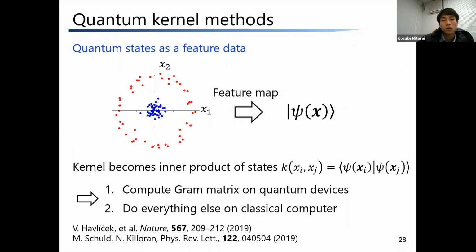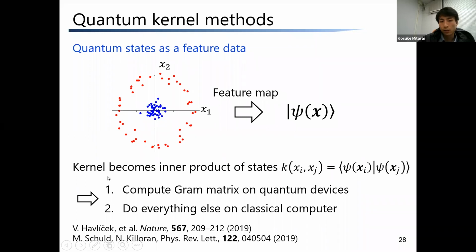So the quantum kernel method is a method that uses the quantum computer only to calculate this gram matrix. In quantum machine learning, we use the quantum state as feature data, and we map the original data into a high dimensional quantum state.